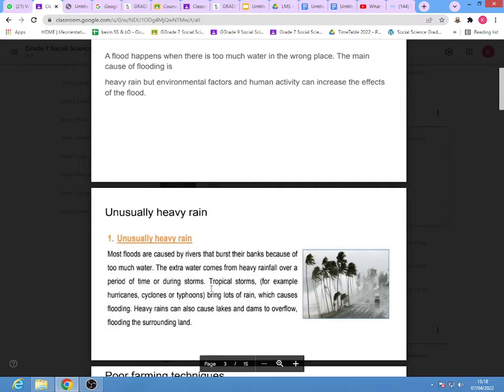So the extra water comes from heavy rainfall over a period of time during storms. Tropical storms, for example, hurricanes, cyclones, or typhoons bring lots of rain, which causes flooding. And heavy rain can cause lakes and dams to overflow, flooding the surrounding land.